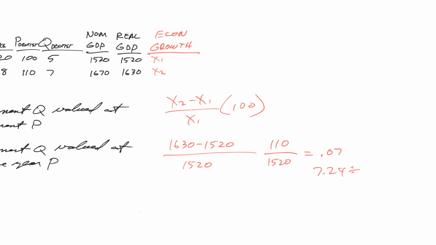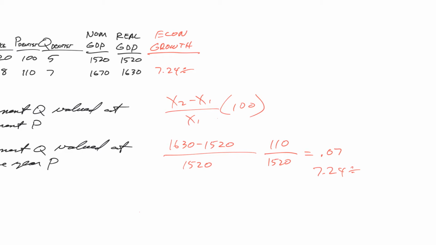Real GDP grew by 7.24%. And when did that happen? That happened over the course of year 2, so we'll put it there. Remember, year 1 GDP is at the end of year 1, and year 2 GDP is at the end of year 2, so that growth took place during year 2.